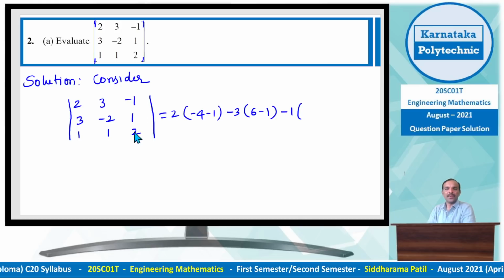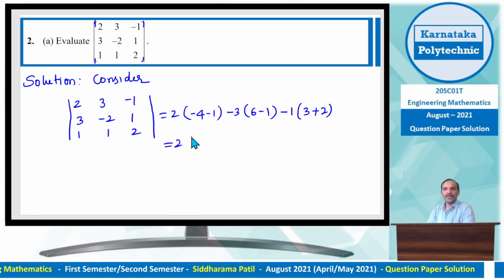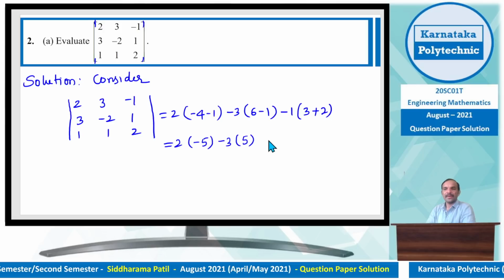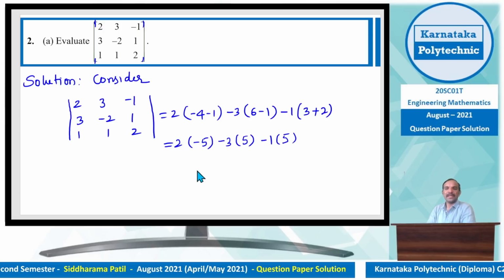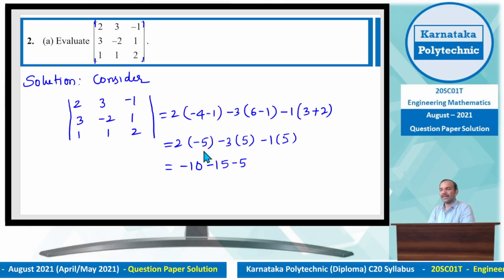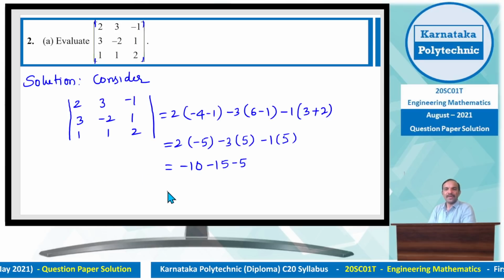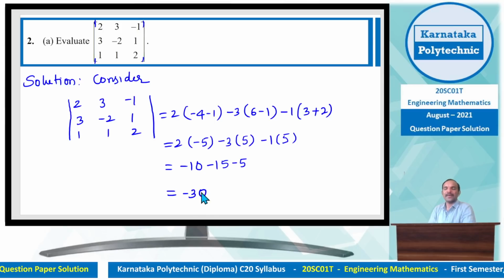Minus 1 into, 3 into 1 is 3, minus of minus 2, that is 3 plus 2. So equal to 2 into minus 5, minus 3 into 5, minus 1 into 5, that is 2 into minus 5 is minus 10, minus 15, minus 5, total is minus 30. Therefore, determinant value is equal to minus 30, that is the required answer.